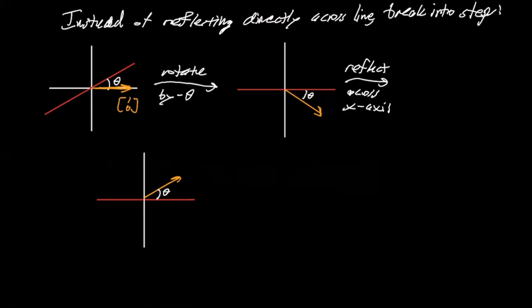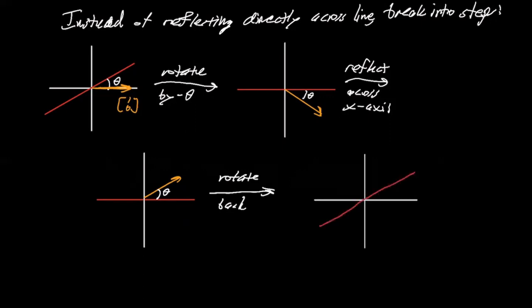And then the last step is to rotate back. And so we're going to end up with our axes. Again, I'm not rotating or reflecting the axes. I'm just leaving them there all the time. So there's the axes, but now our red line is back where it was, at this angle. I'll try to draw it. Okay, something like that.